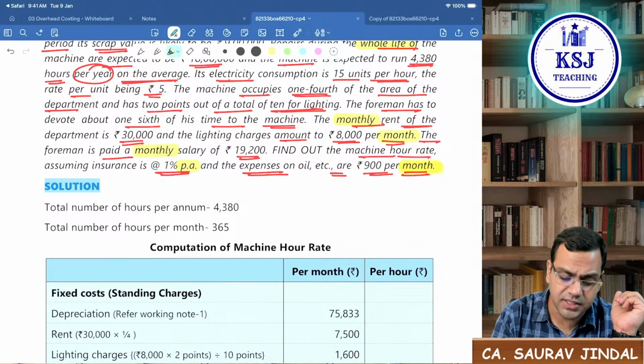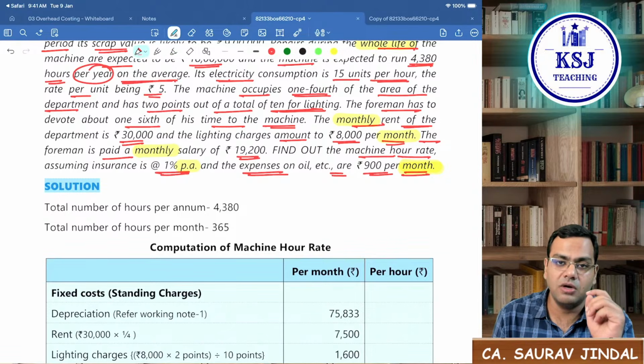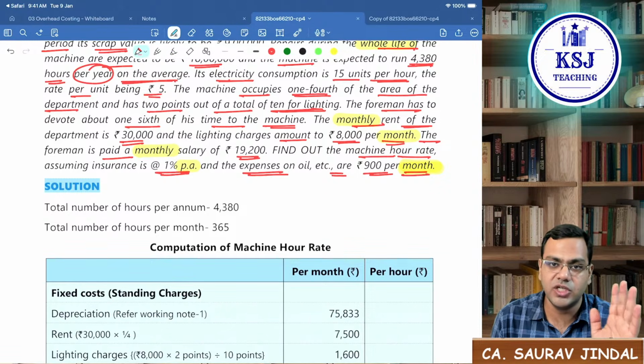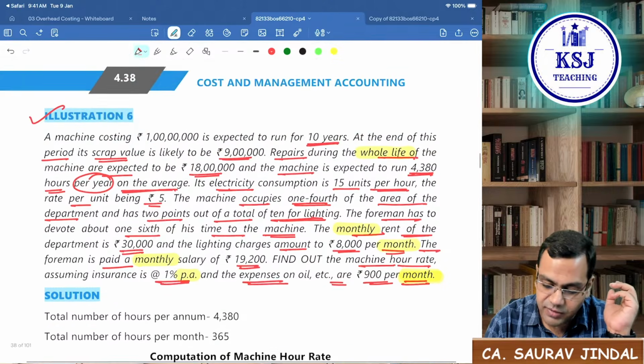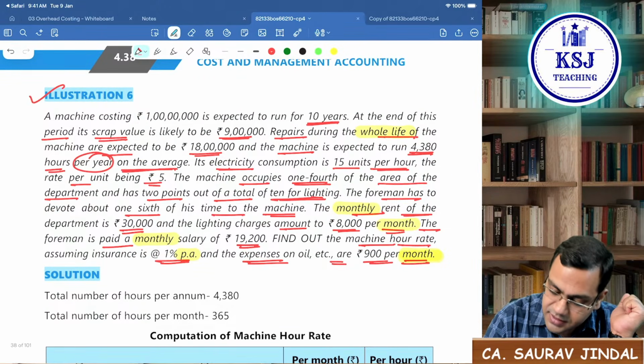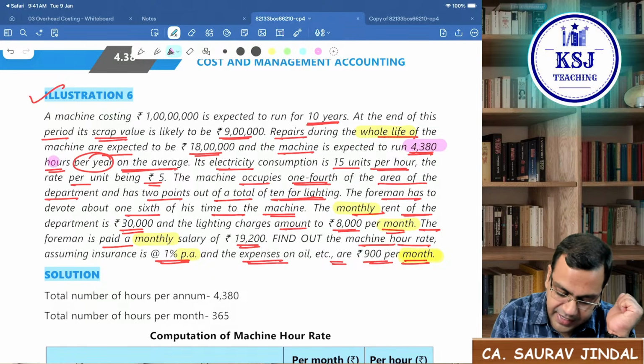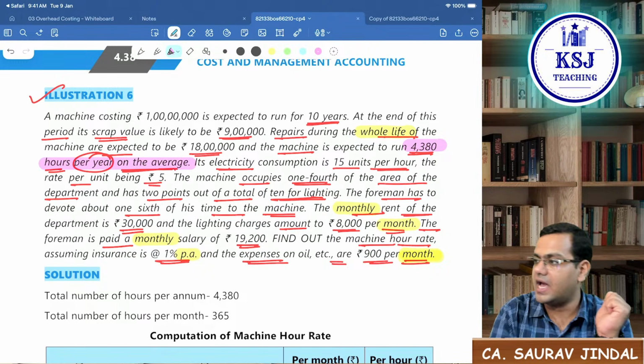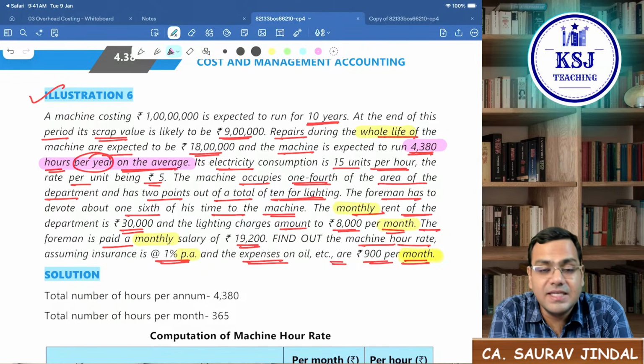What is the first step I told you? The first step always is to calculate the effective machine hours. What are the effective machine hours here? It says this machine is expected to run for 4380 hours per year on an average. Is there any maintenance cost or any setup time given in the question?